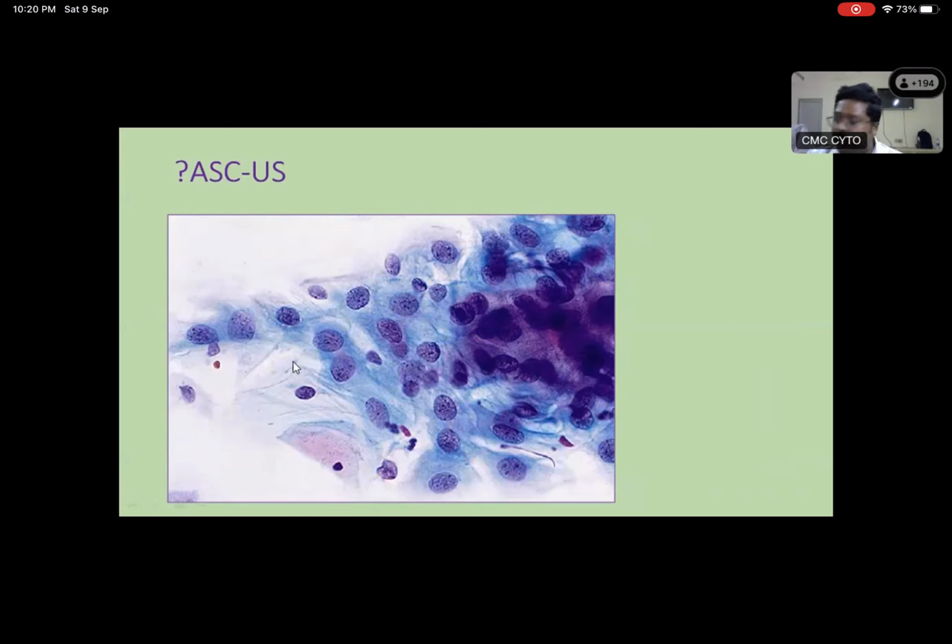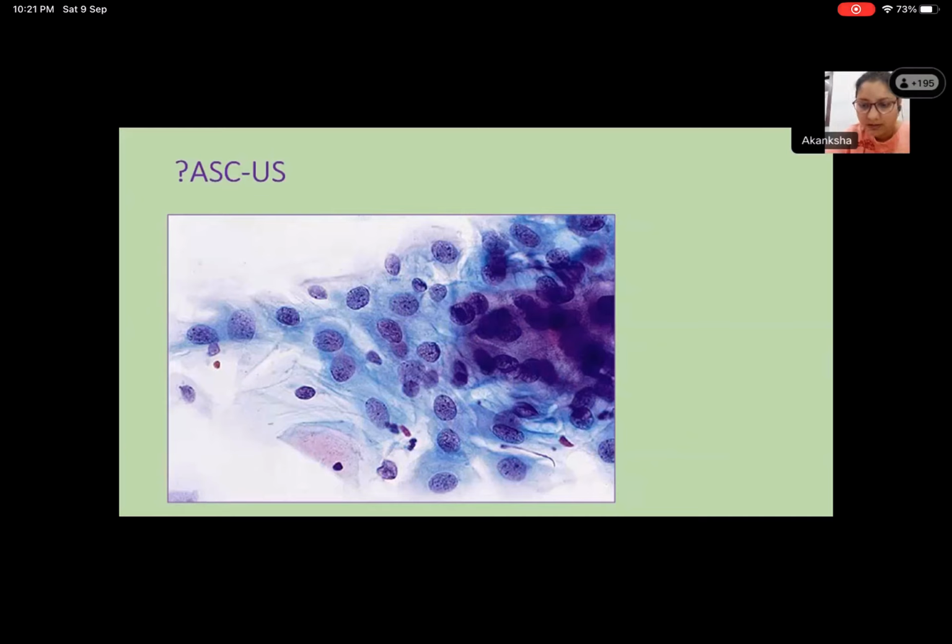What about this one, Dr. Akanksha? What do you think about this image? What do you think of these squamous cells? They are enlarged. The nucleus is enlarged to about 2.5 to 3. Okay. And the NC ratio is not very high.